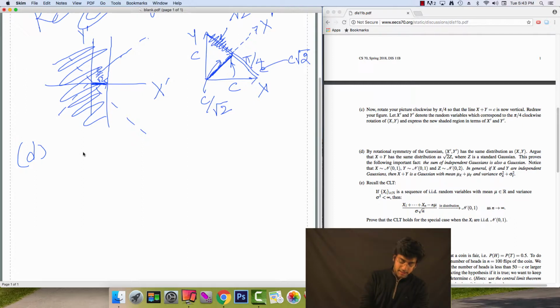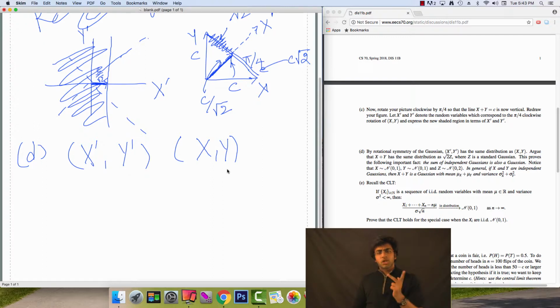Which would tell us that in particular, x prime and y prime would have the same distribution jointly as that of x and y. Why? Because these are just rotations of each other, and we just showed earlier that the joint density depends only on the sum of squares. So in particular, for a rotation, it is symmetric.